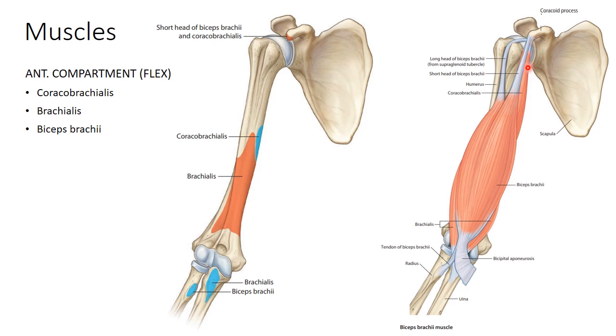The next one is the coracobrachialis muscle, and it is a relatively short muscle, which also arises from the tip of the coracoid process, passes through the axilla, the lateral aspect of the axilla, and then inserts into the midshaft at an area of roughened bone on the medial side of the shaft of the humerus.